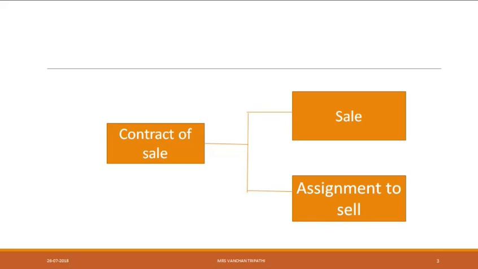The contract is called an agreement to sell. So basically, sale is the executed contract and this is the executory contract. It is finished in the present time and it will be finished in future time. So basically, immediate transfer of the property, transfer of the ownership, is the sale, and agreement to sell is in the future reference.